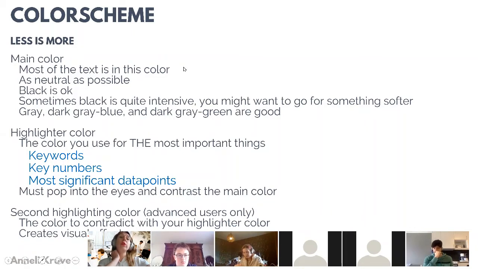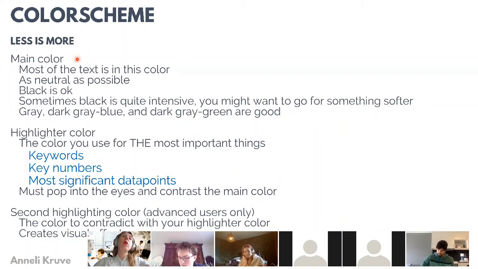In a normal presentation, you basically could have two colors, sometimes a bit more, but basically two: a main color and a highlighter color. So the main color is the color that we use in our text and also on most of the drawing axes and so forth.